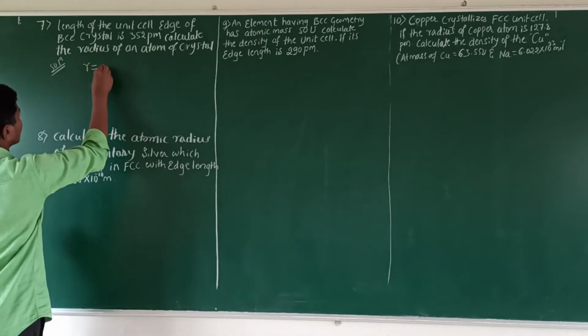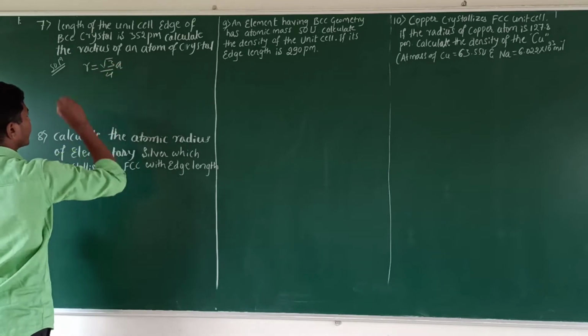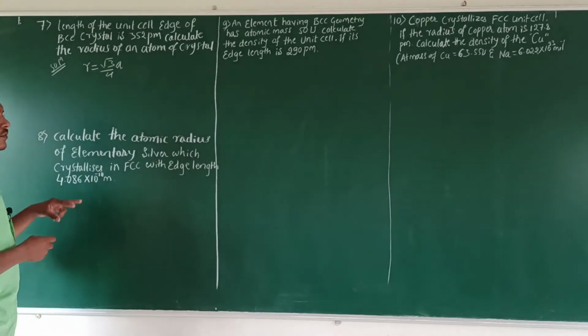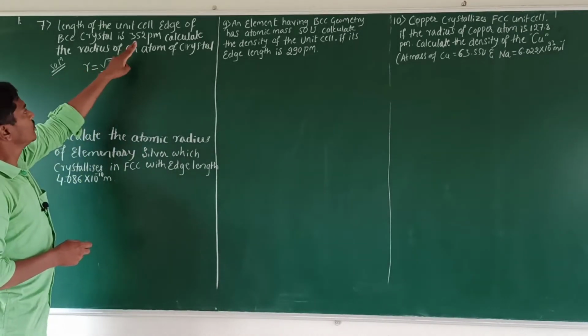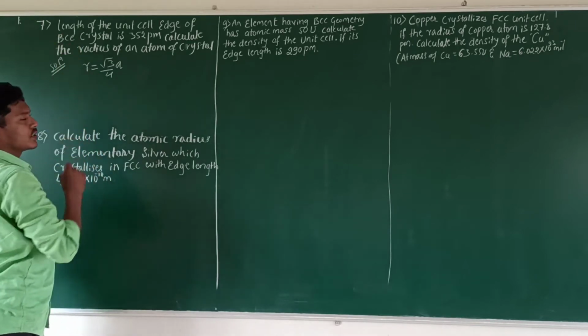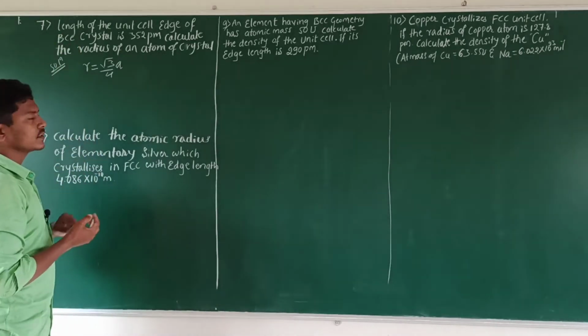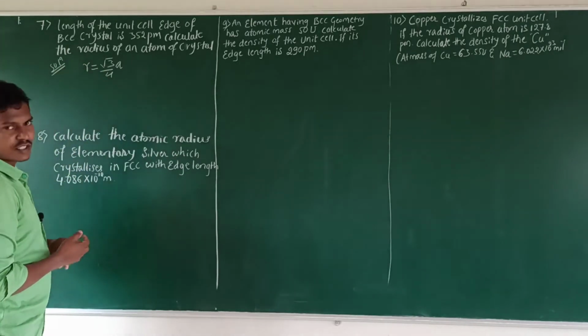Radius is equal to root 3 by 4 into a. This is the relation between the edge length and radius in a BCC unit cell.